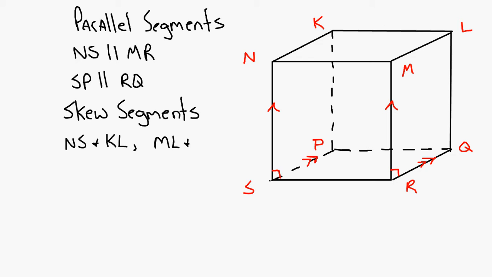So ML and SP are technically on the same plane. ML and like KP are skew segments. M to L is on the top right-hand corner of the box. KP is a vertical segment in the back left-hand corner. Those are not in the same plane, so they are skew. They don't intersect, and they're not in the same plane.